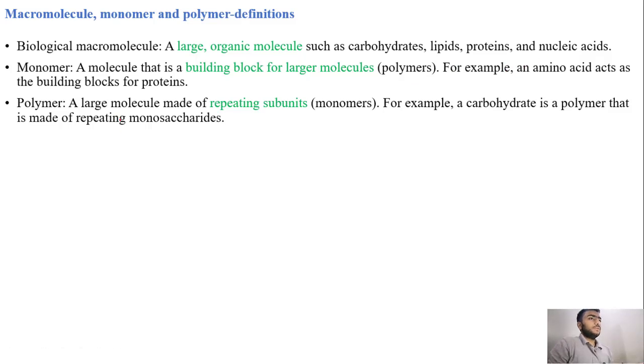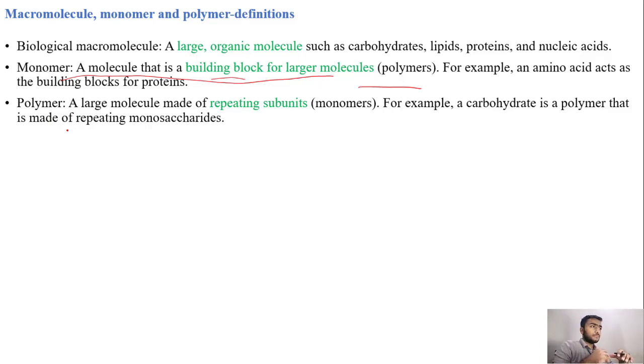Then we are going to discuss the idea of monomers, which are the simpler molecules that are essentially the building blocks for larger molecules, which are polymers. For example, an amino acid, which I just talked about, is the building block for a protein. And then polymers are large molecules comprised of repeating subunits of monomers.